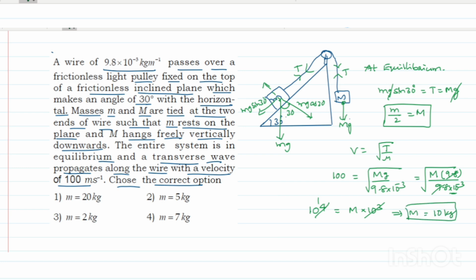And for small m, from equation 1, small m equals 2M, then 2 into 10 equals 20 kg, which is the answer. Here we take square on both sides, students.